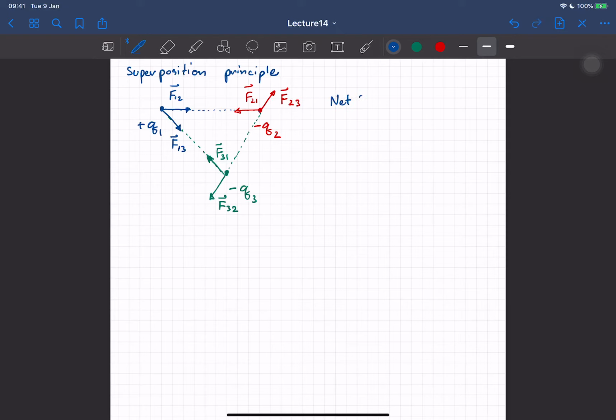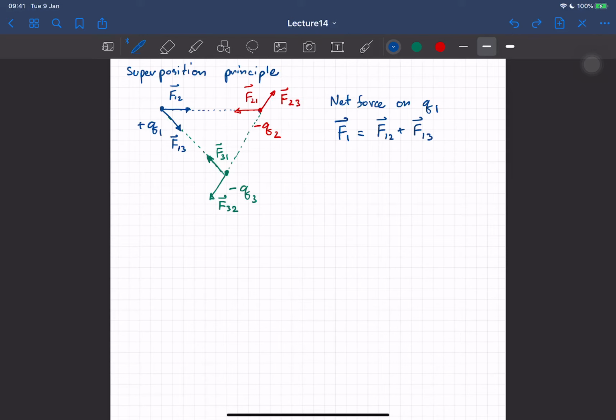The net force on Q1, which we will call F1, is equal to the summation of every force acting on Q1. And in this case, we have two of them, which are F12 and F13. This is the superposition principle.